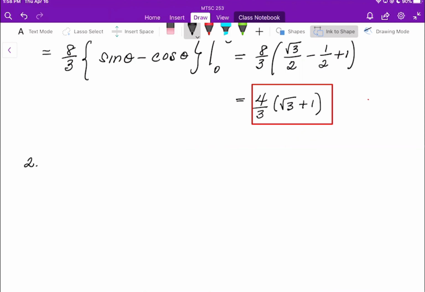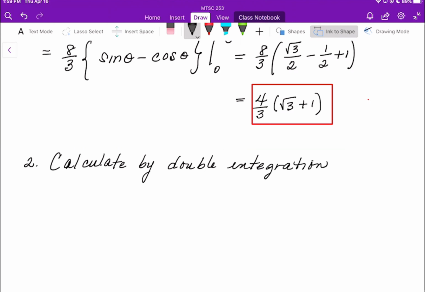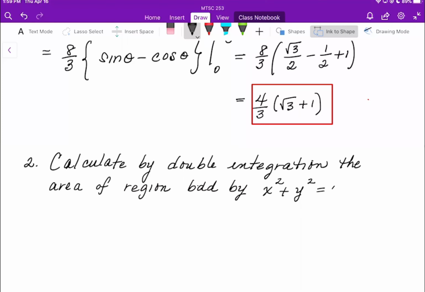Okay. So calculate by double integration the area of the region bounded by x squared plus y squared is 4.